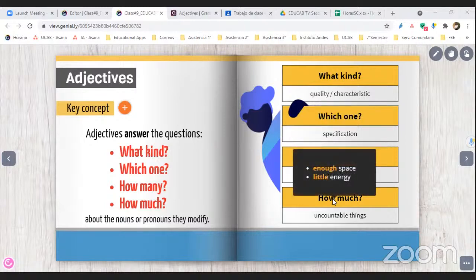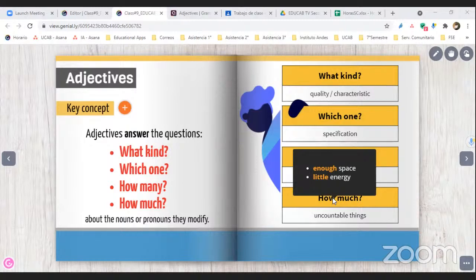But when we're speaking about uncountable things, things that cannot be measured by counting them, like 1, 2, 3. For example, if I'm speaking about the amount of energy I feel right now, I cannot say I feel 3 energy. No, that makes no sense. I can speak about a lot of energy, little energy, okay, but I cannot count energy or space. I can measure space.